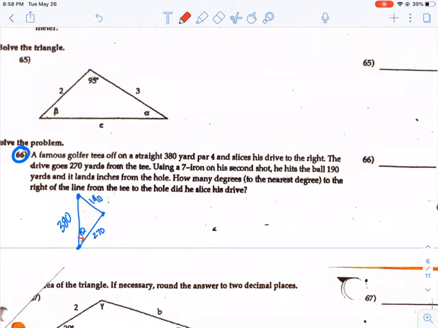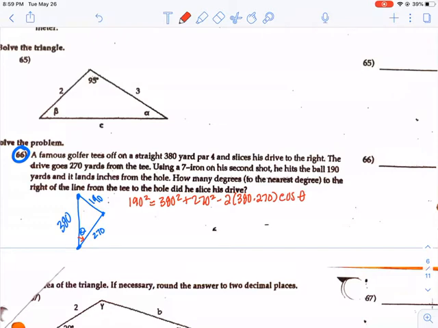Okay, so I have 3 sides. We're going to do law of cosines. Since I'm trying to find the 190, that's what's going to go first. 190 squared equals 380 squared plus 270 squared minus 2 times 380 times 270 times cosine theta. Okay, and then you keep solving that, simplifying it.